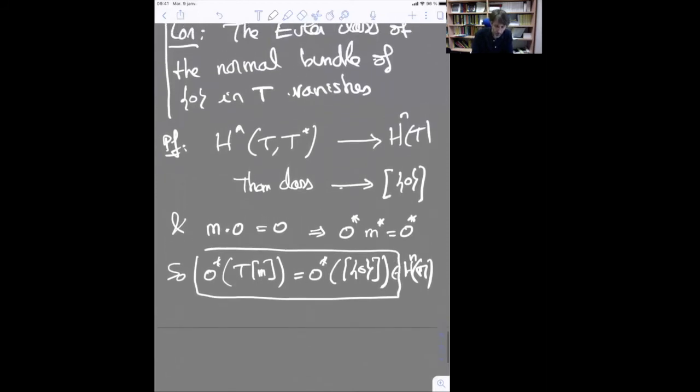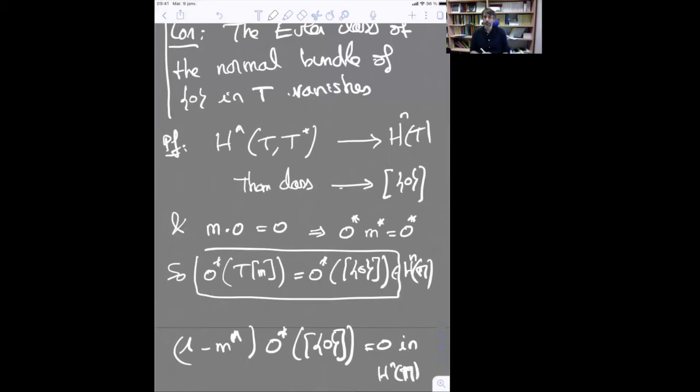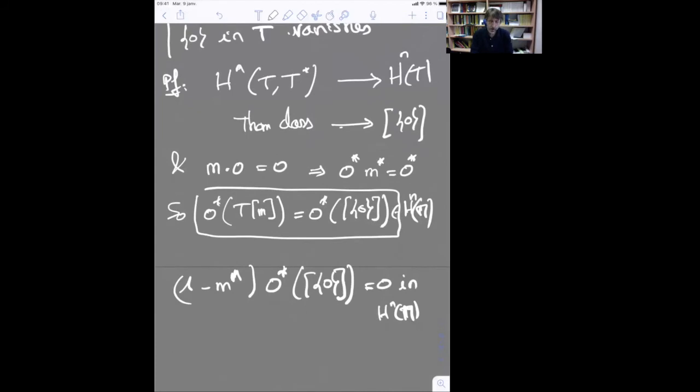So what we have is that 1 minus m to the n times the pullback by 0 of the zero section is equal to 0 in the cohomology of M. And since M is bigger than 1, this is non-zero. So this class, which is the Euler class, has to be 0 in rational cohomology. Okay? So the Euler class of the normal bundle is 0.